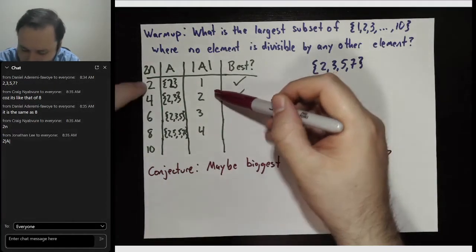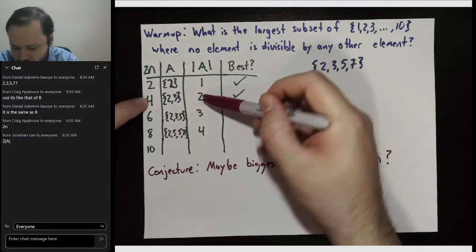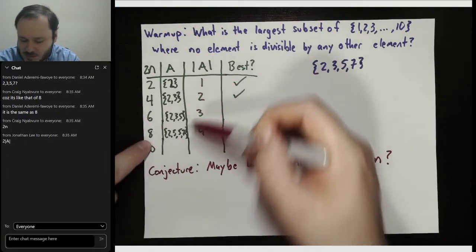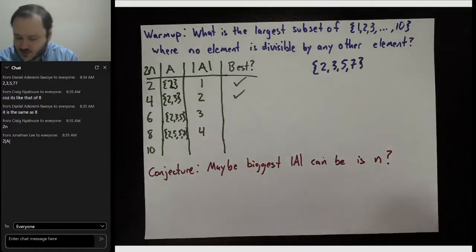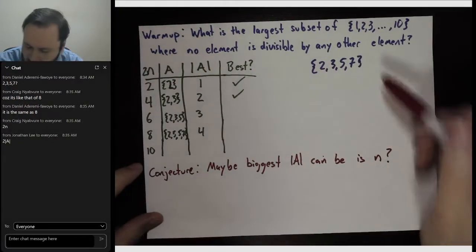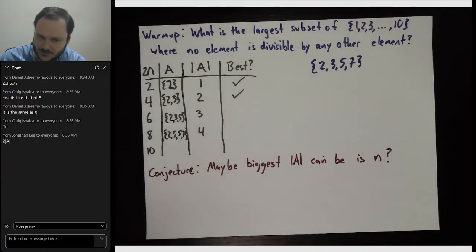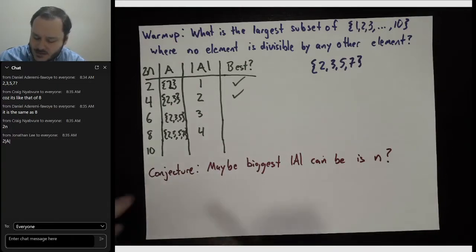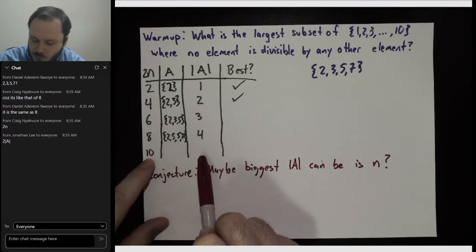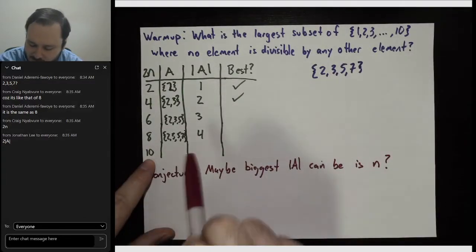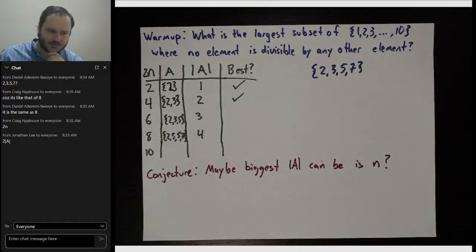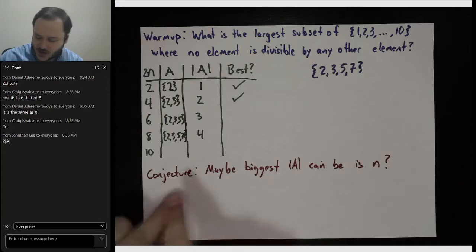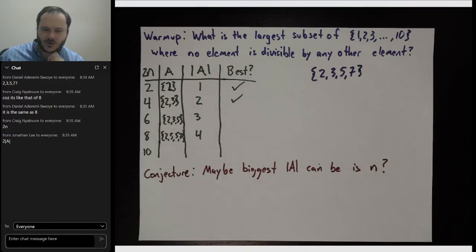For 2 elements we can get 1, for 4 elements we can get 2, for 6 elements we can get 3, for 8 elements we can get 4. So that's another thing that's underwhelming about 2, 3, 5, 7. That would break the pattern. With 10 elements we want to get 5, but this would only be 4 elements. So this conjecture gives us something to aim for.